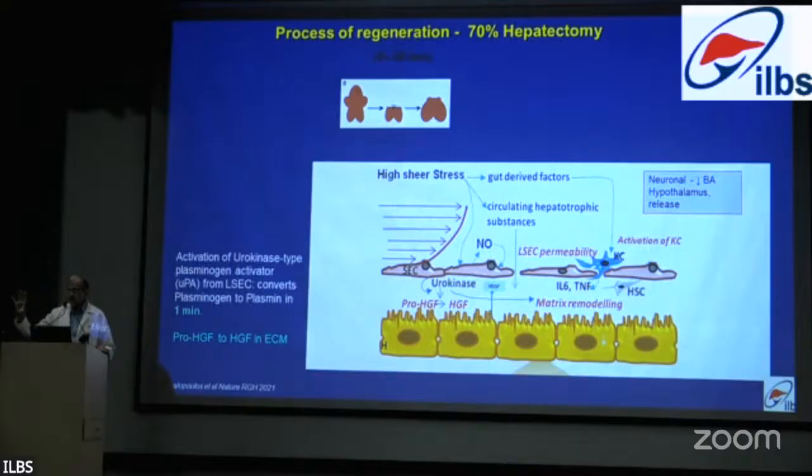So this volume of blood is too much, 3 times more for the remnant liver. And this leads to de-arterialization. Portal vein comes in, but artery goes down. And this releases a series of substances, and these include IL-6 and TNF.